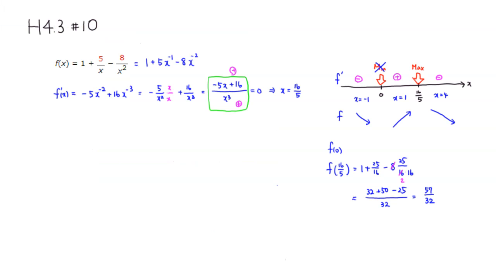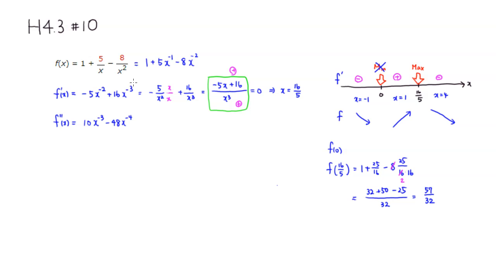So we're going to take another derivative. So f double prime of x is equal to, the derivative of that would be negative 2 times negative 5 is 10, x to the negative 3 power. And then negative 3 times 16 is negative 48, x to the negative 4 power.